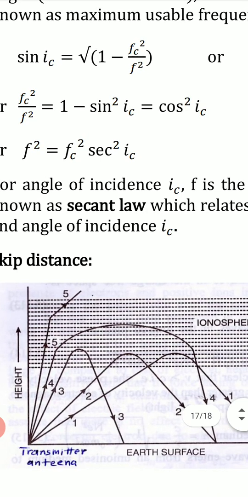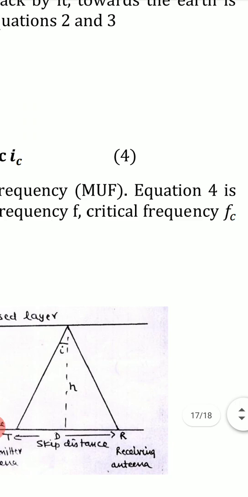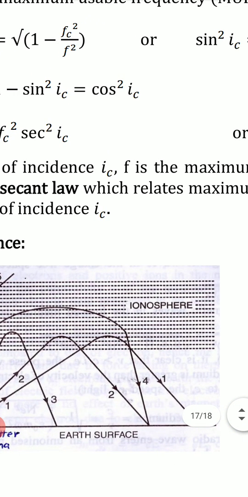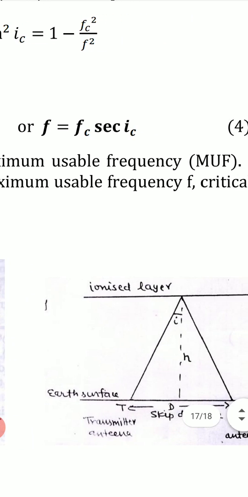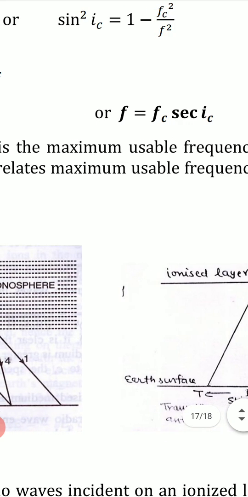For angle of incidence IC, F is the maximum usable frequency MUF. Equation 4 is known as secant law, which relates maximum usable frequency F and critical frequency FC. It is the relation between F and FC. F is MUF, maximum usable frequency, and FC is critical frequency.